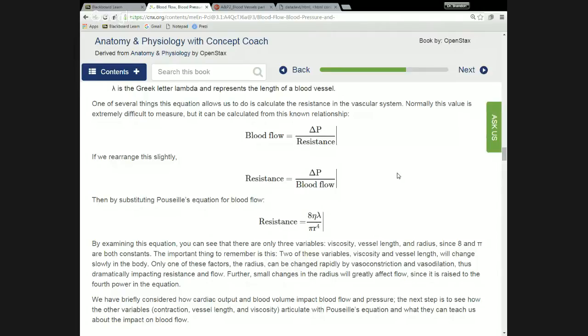That's what we need to get out of this. Don't get bogged down with 8 and eta and lambda and pi and r to the fourth power. Just the take-home message there is resistance is very sensitive to diameter changes in the blood vessels. So a little bit of constriction, a little bit of dilation will make a lot of difference in blood flow in the end.